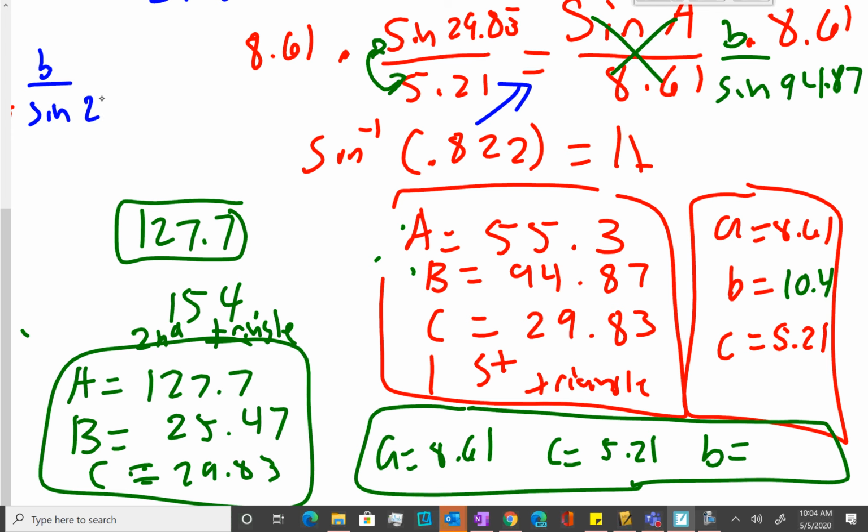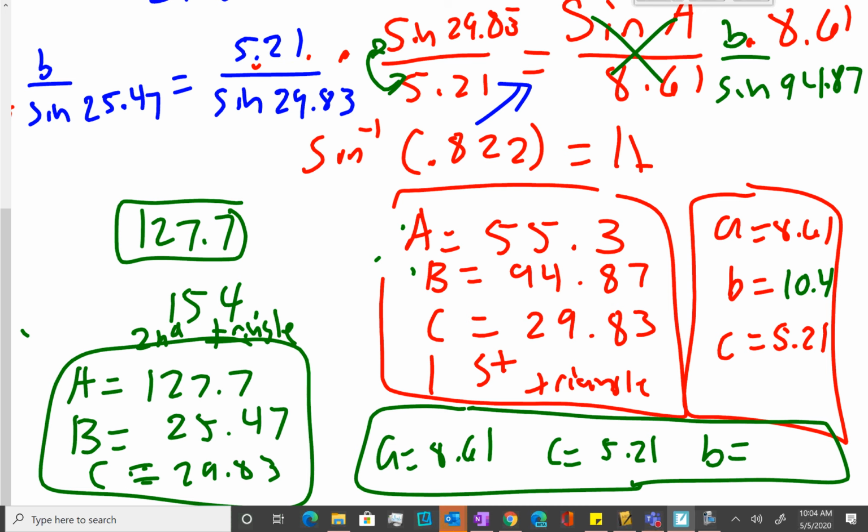So my sine of B would be sine of 25.47, and that is equal to my C, the one that I was given, so sine of 29.83, and on top would be my small c, which is 5.21.